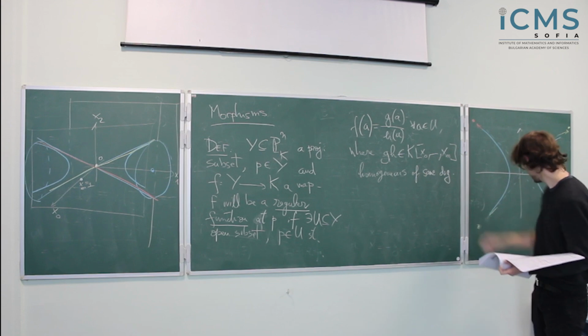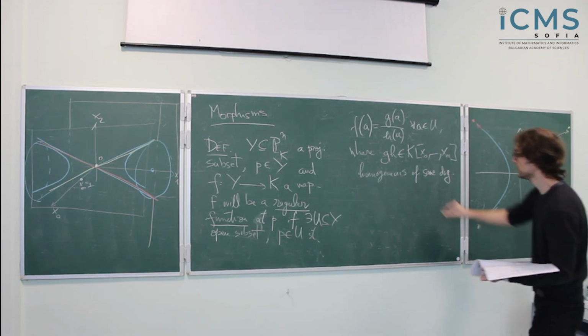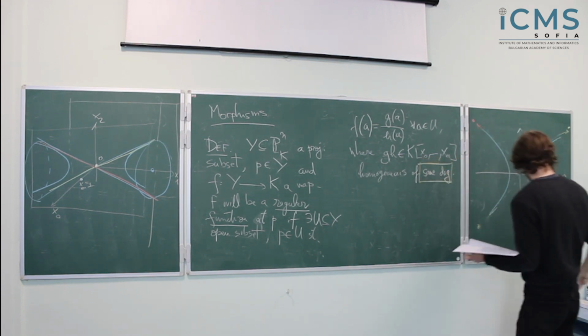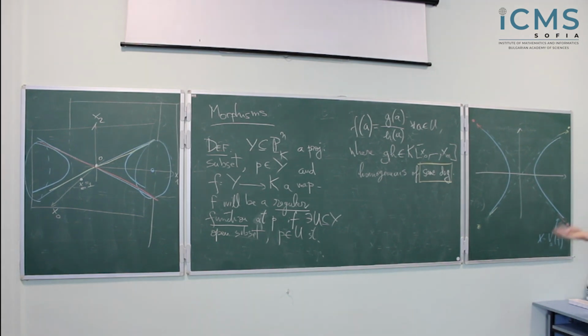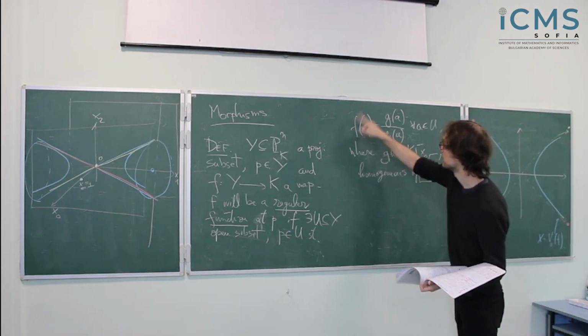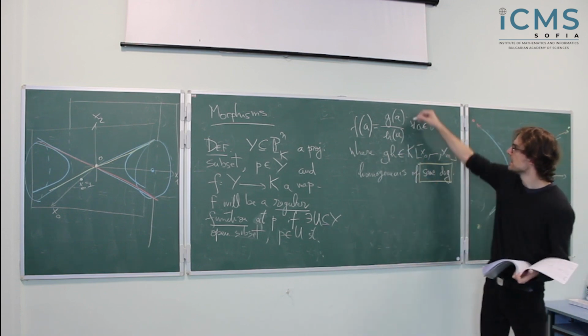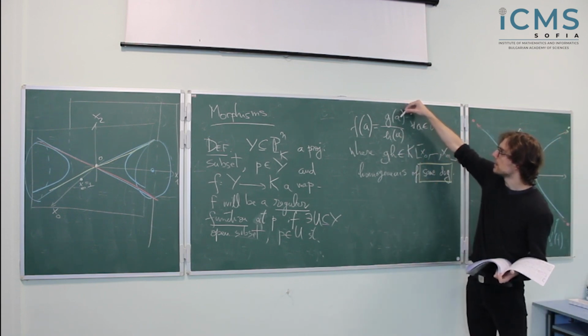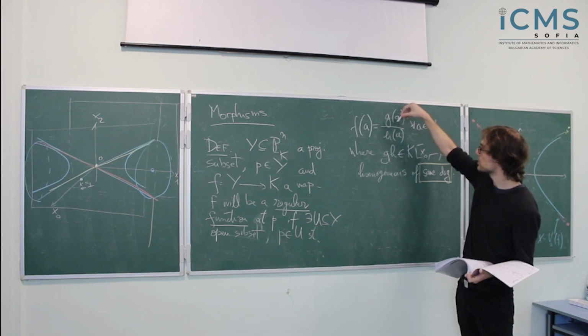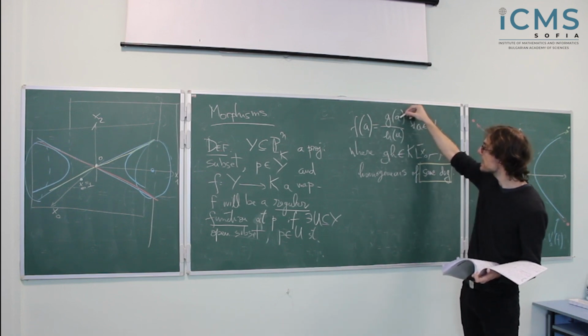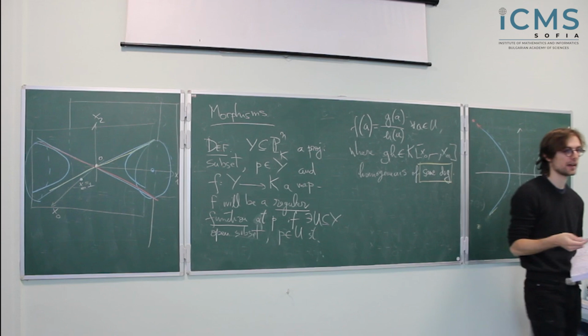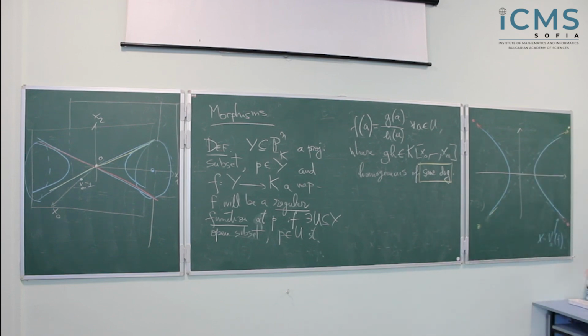Now, why is this essential to us here? Well, it is so that we can actually define the value of the quotient. The idea is that if we consider two homogeneous coordinates of A, they differ only by a scalar multiple, right?